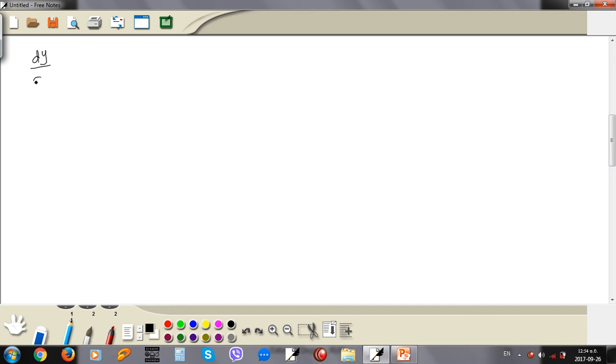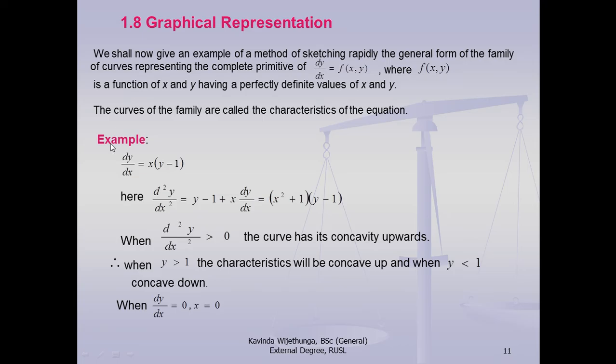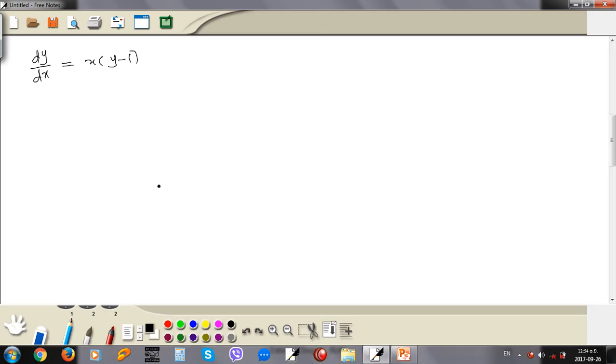So dy by dx equals x times y minus 1. This is the given equation. Now we can write dy by dx equals xy minus x, and we can differentiate with respect to x.